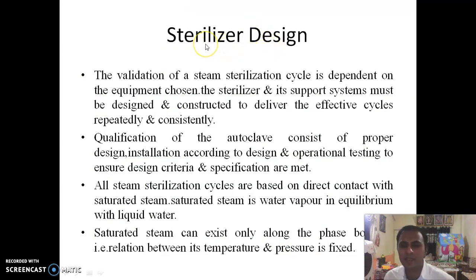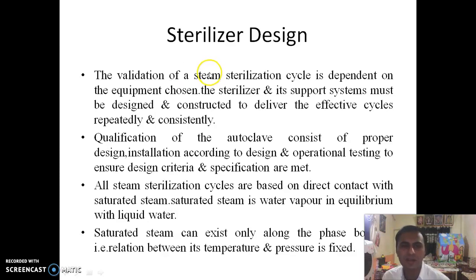Design of any basic sterilization. The validation. The term validation is most important. The basic meaning of validation is to cross-check a particular equipment or process.